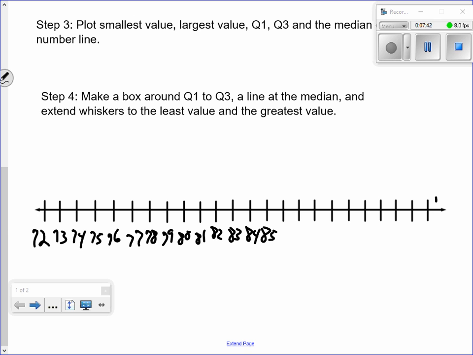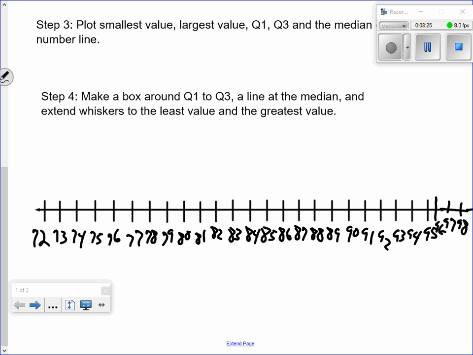Uh-oh, I hope I have enough. I don't. We'd have to extend it. 95. So we'll go another line here, make it 96. Another line 97. Another line 98. Okay? So we would have had to extend our number line a little bit.